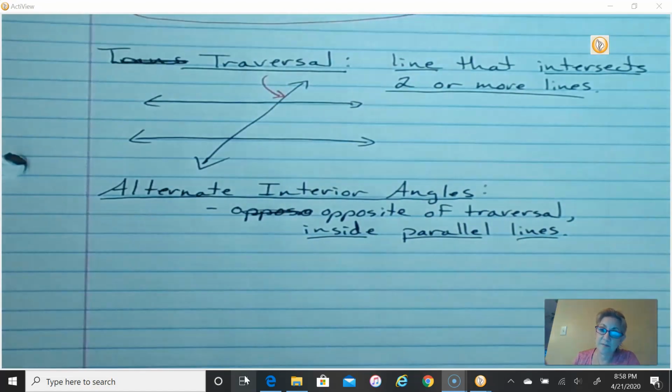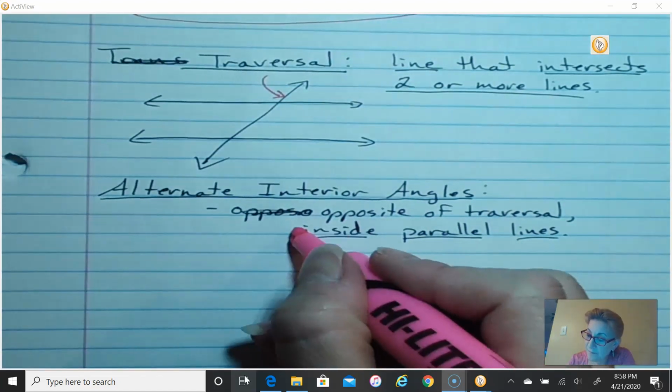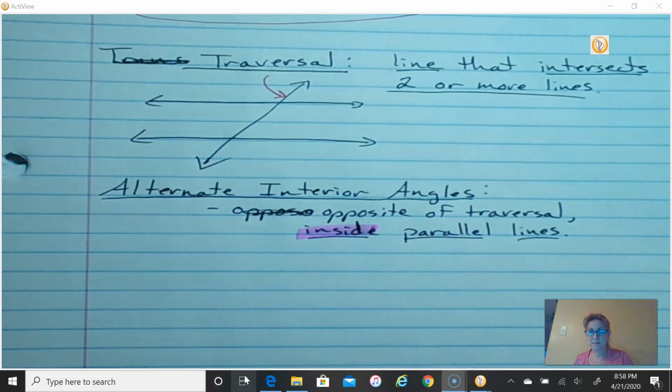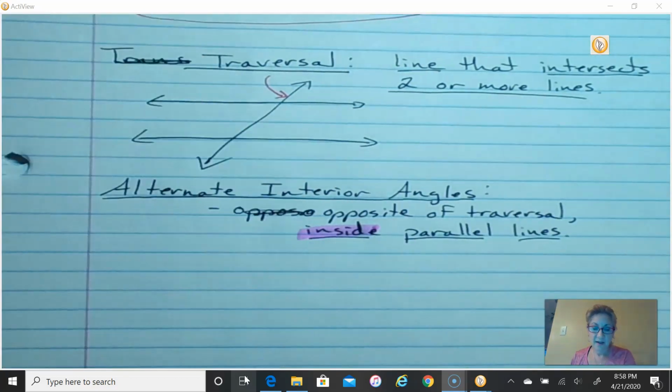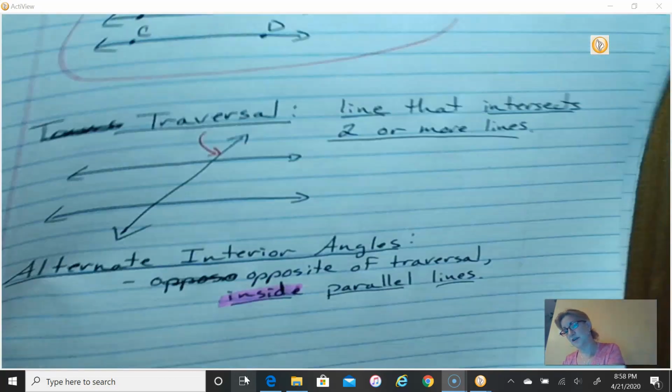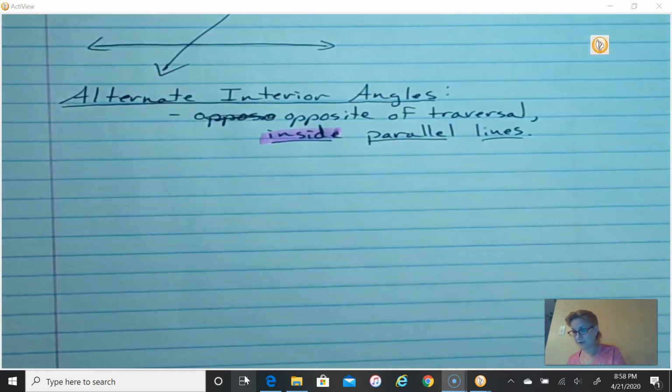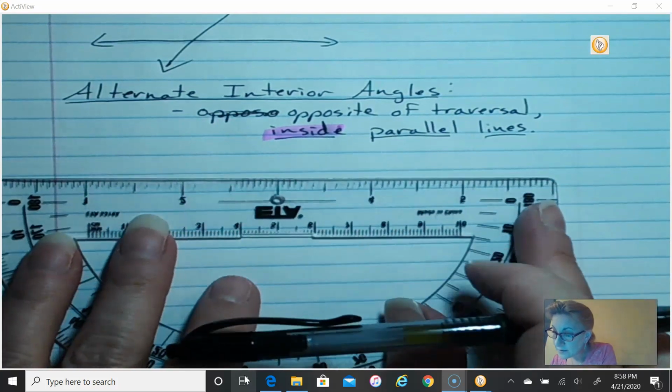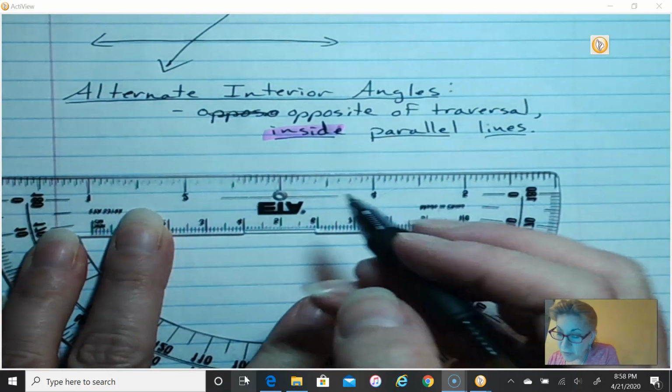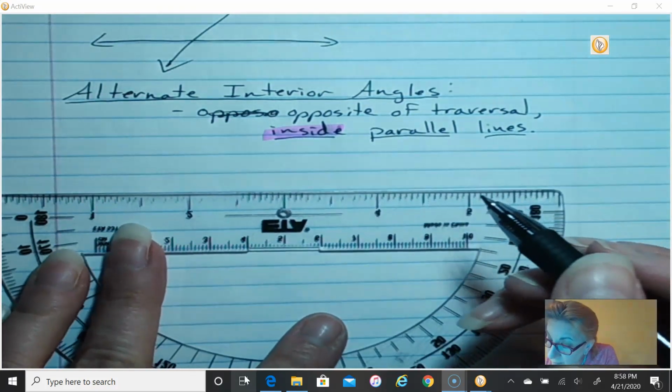Okay, key word here: inside. Can't find my yellow. Sorry, guys. Okay, so let me show you what they are. Here's my straight edge. We're going to kill some trees today, I've decided.